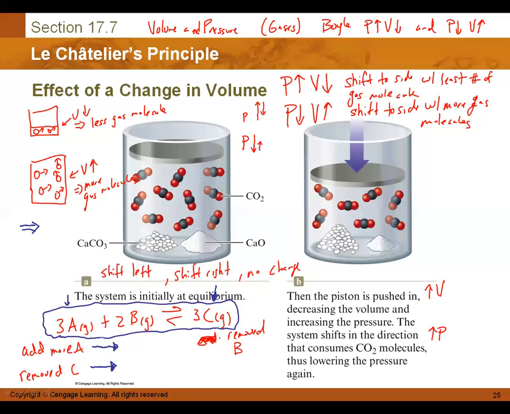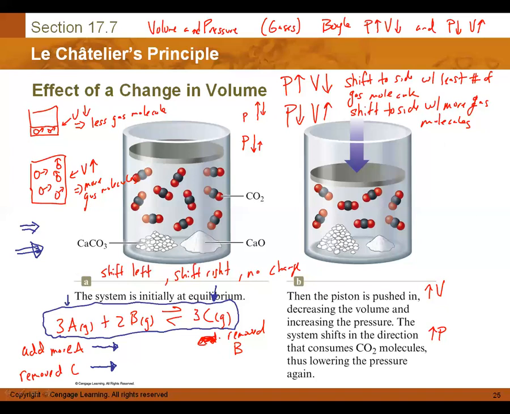So what's essentially happening in that case is by removing C, which is a product, we will then have really more reactants, and the equilibrium will be messed up. So to fix that, those reactants are going to try to equalize that removal of C, and it will shift to the right. Any question on those first two?